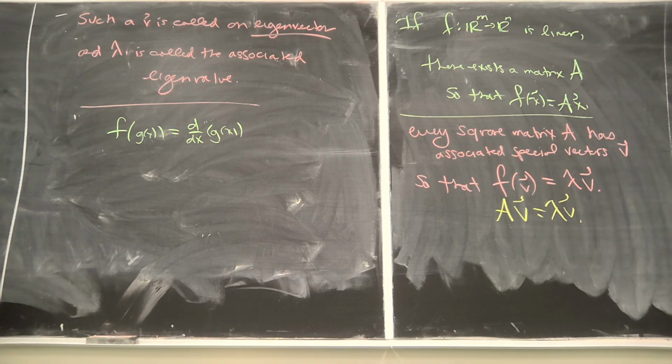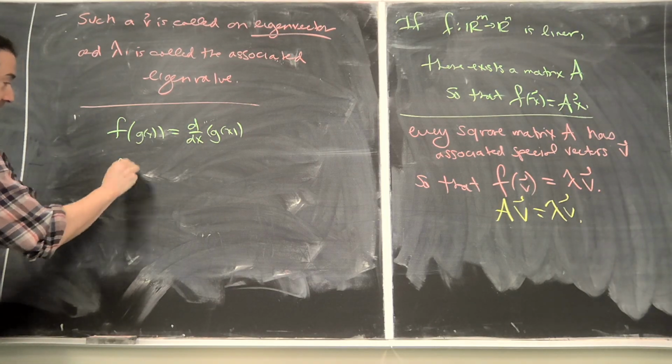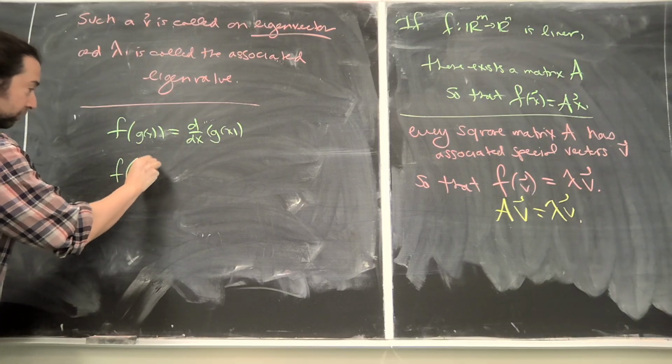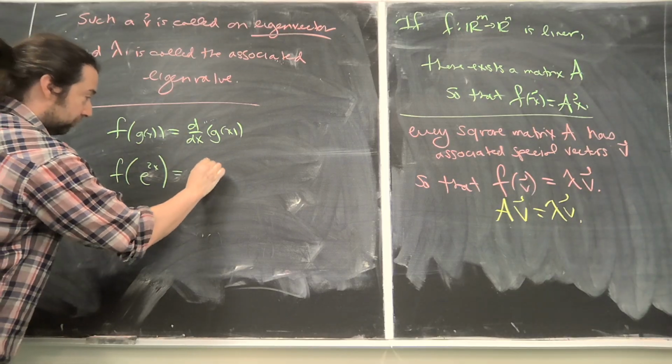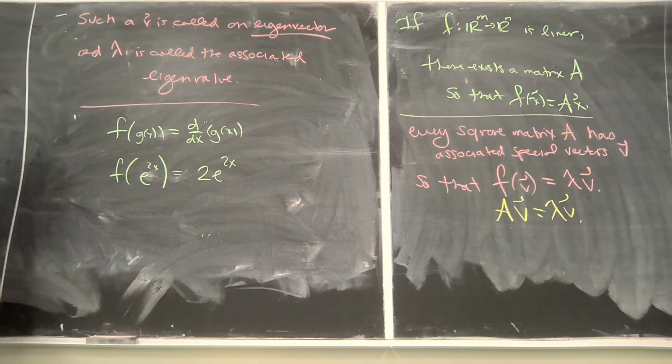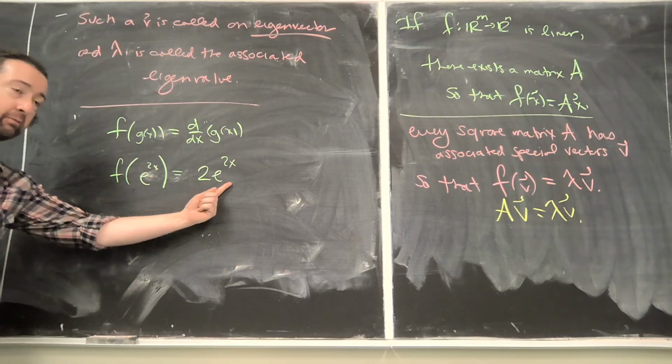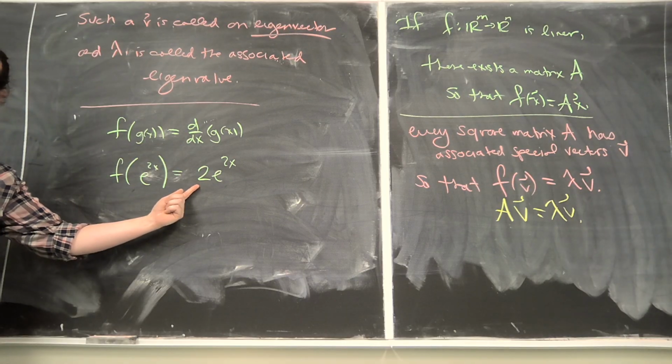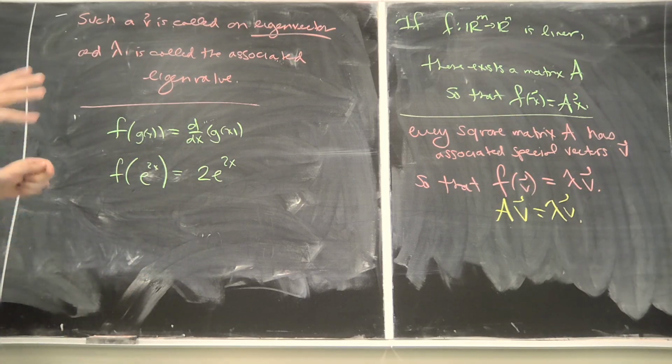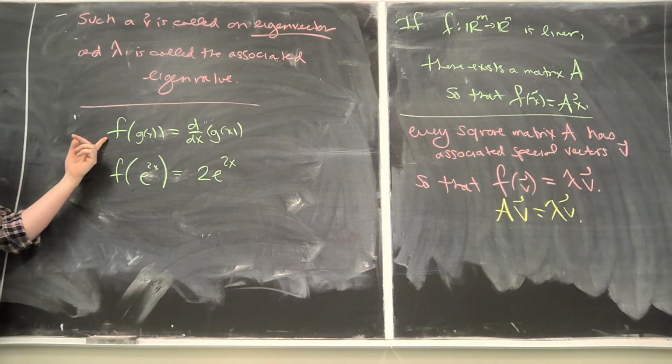That's a linear function. So when I write down f of e to the 2x is equal to 2e to the 2x, this also satisfies the definition of being an eigenvector. F of the thing gets the same thing but scaled by a number. So I can think about eigenvectors as not just being attached to matrices, but to any linear function like this.